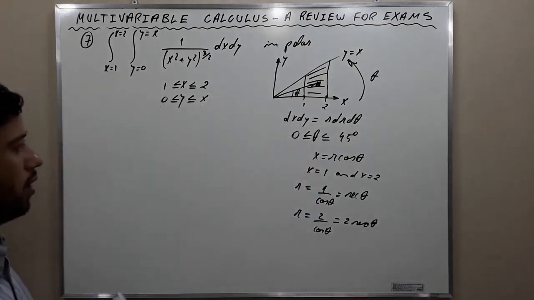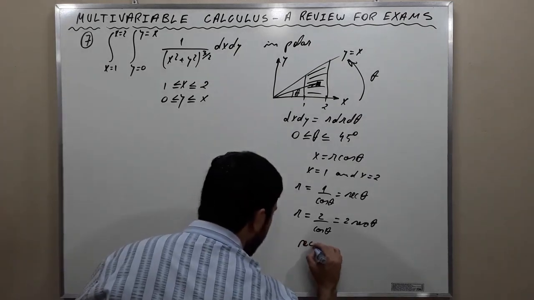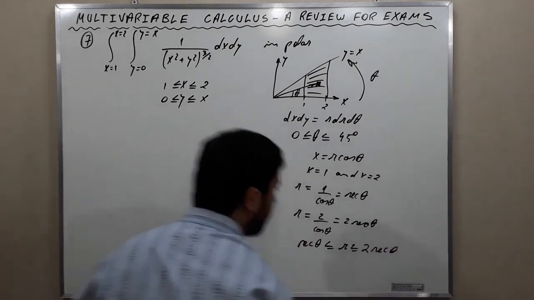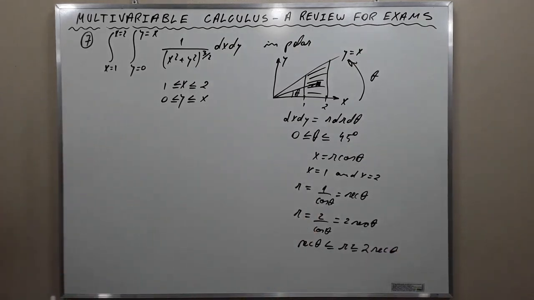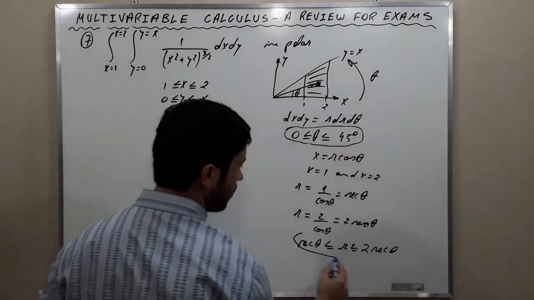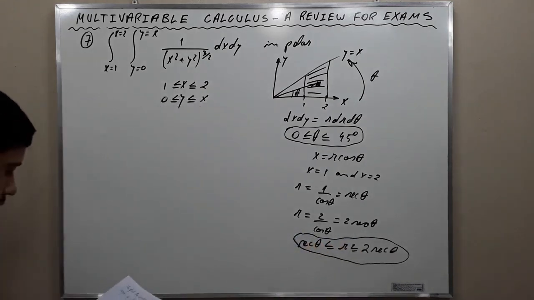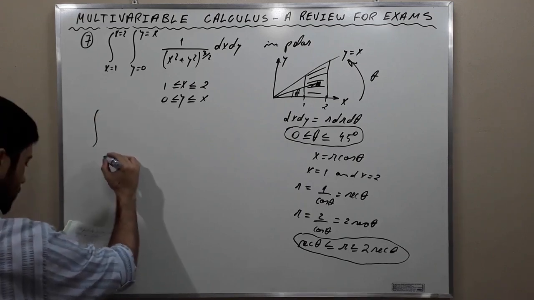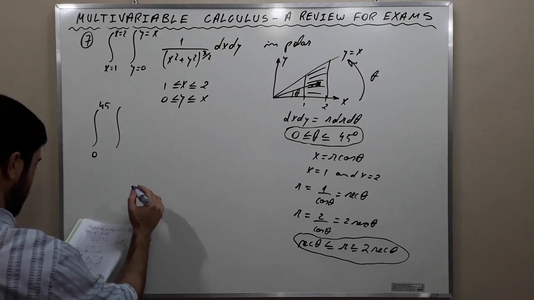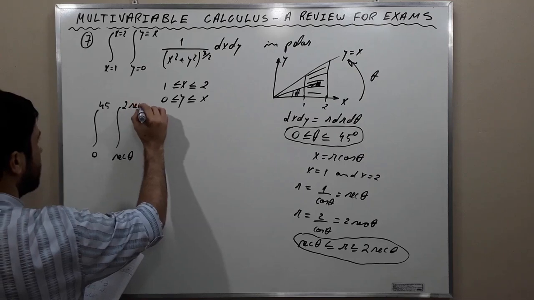Okay, this is how r varies. So r varies from secant theta until 2 secant theta. Alright, so these are our new limits of integration, and we're going to use them here. So theta varies from 0 to 45 degrees, and r varies from secant theta to 2 times secant theta.